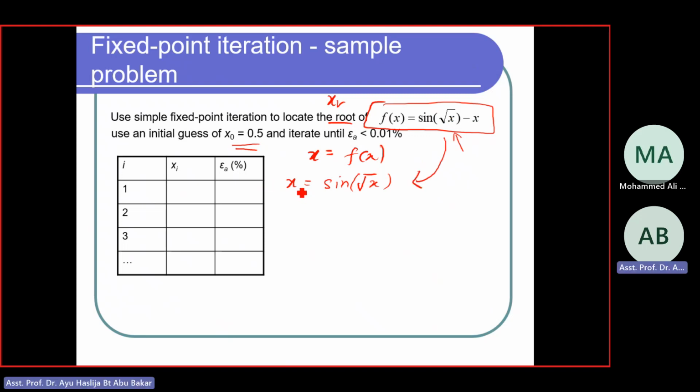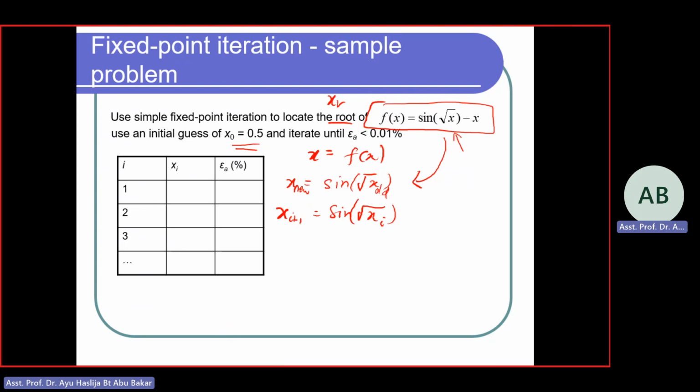So this x is the new x, x new. This one will be x old, or i plus 1 and i. Either term, either you want to use i or new and old. Now start your iteration with 0.5. This is given as 0.5.